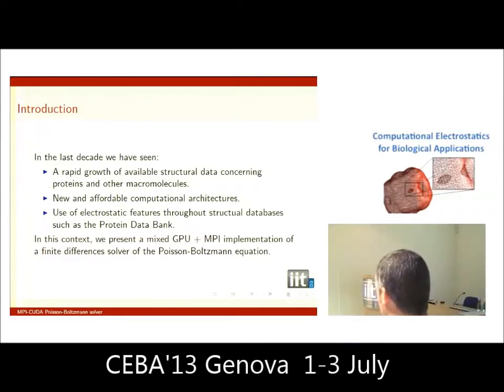We now have the PDB, the Protein Data Bank, etc. And we also have new computational architectures that weren't available when the first Poisson-Boltzmann solvers came around. So in that context, we wanted to port and improve the DelPhi algorithm to new architectures using CUDA and MPI.